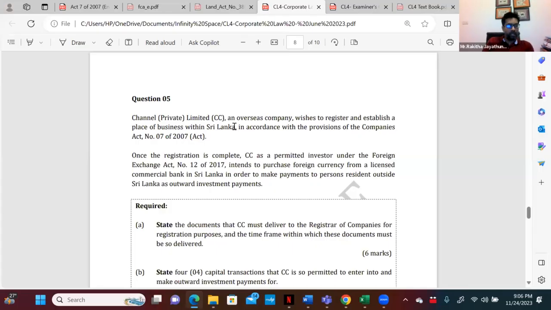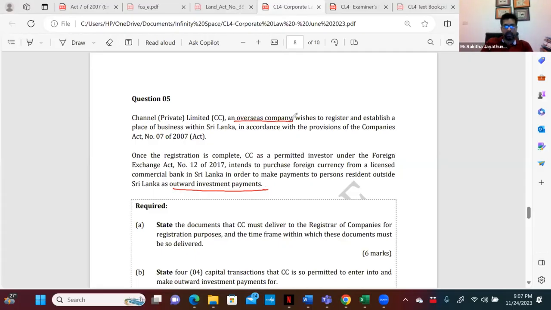Once the registration is complete, CC as a permitted investor under the Foreign Exchange Act number 12 of 2017 intends to purchase foreign currency from a licensed commercial bank in Sri Lanka in order to make payments to persons resident outside Sri Lanka and outward investment payments. That means sending money out, investing out of the country.